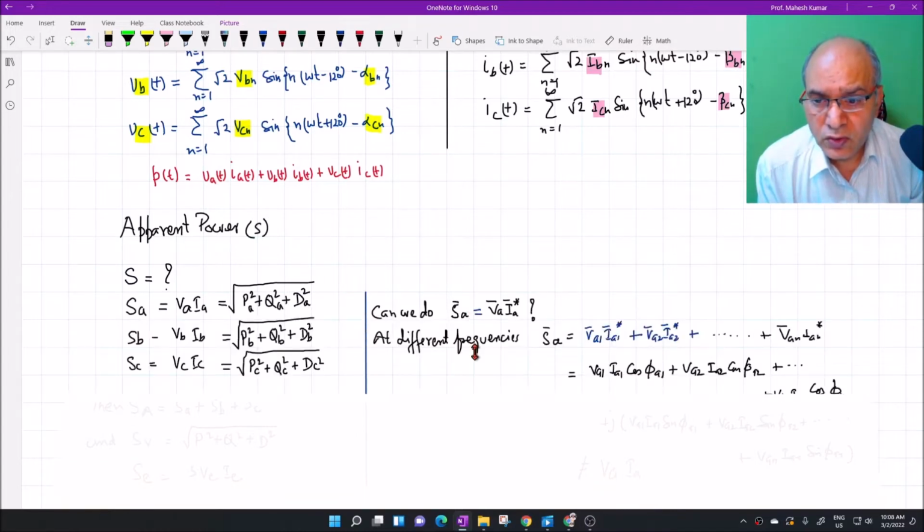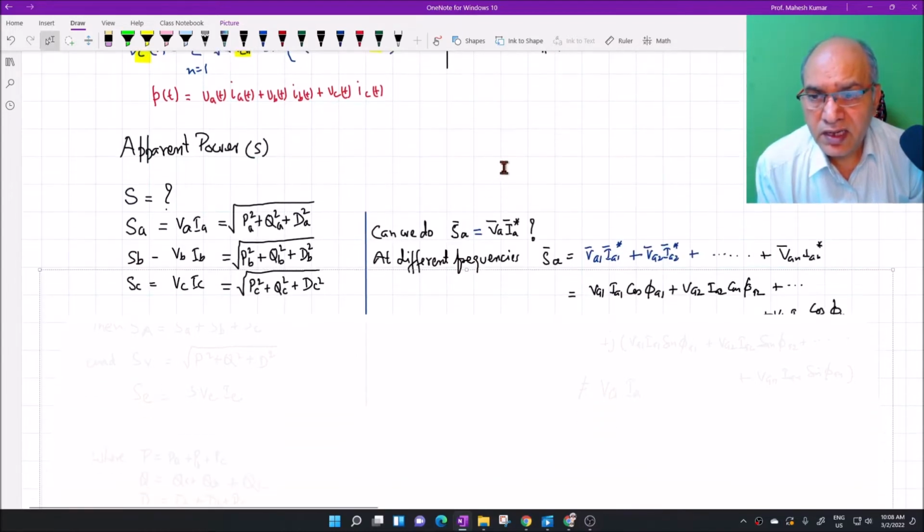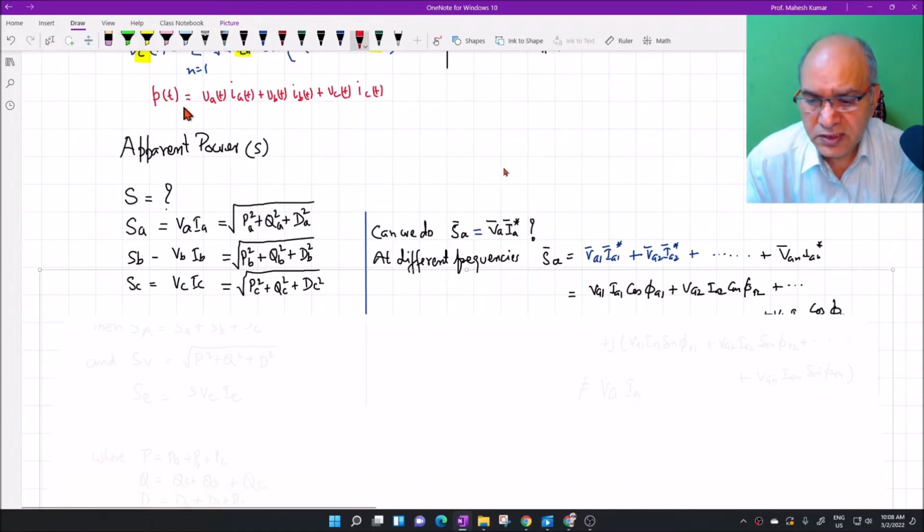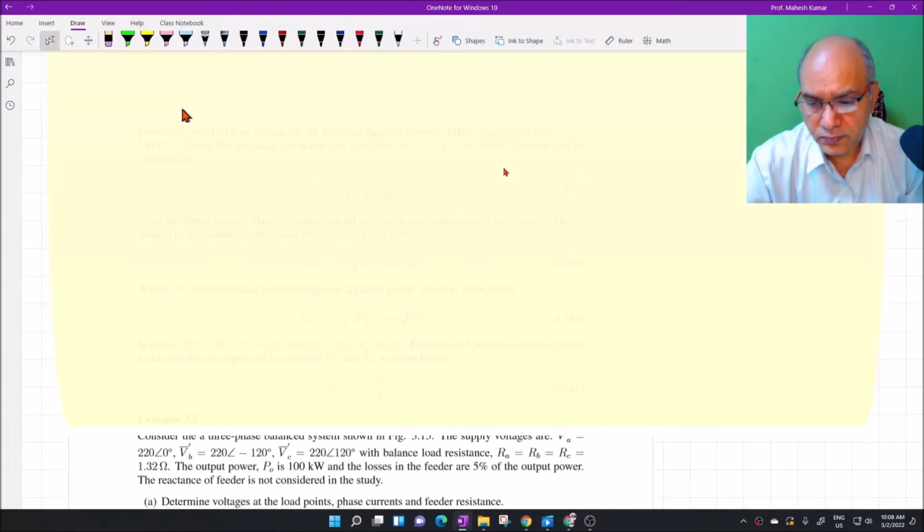Now, as you know, the apparent power is the product of the RMS value of voltage and current. Since here the voltage and currents are unbalanced as well as they contain harmonics, we have to find the phase-wise apparent powers.